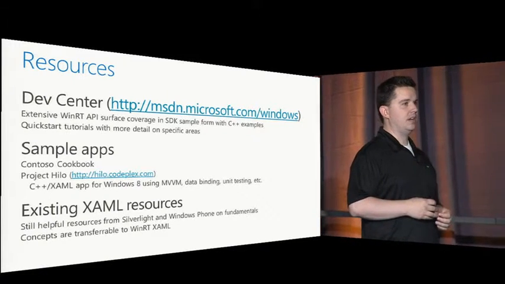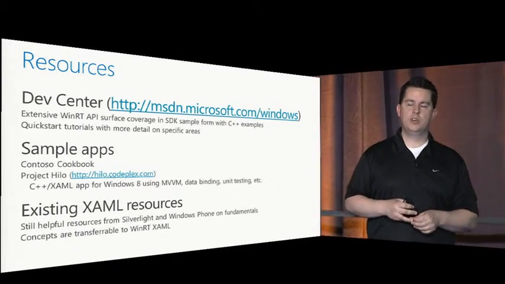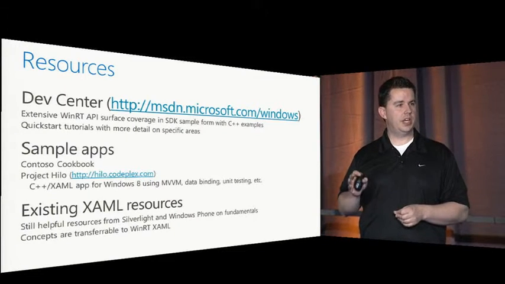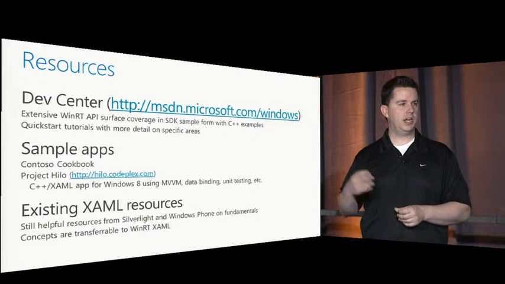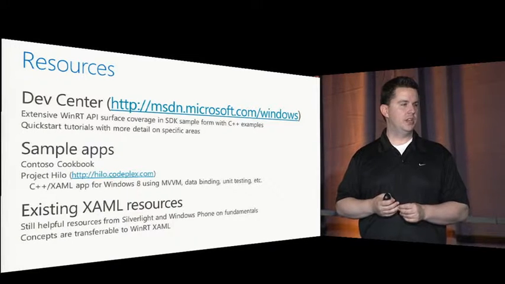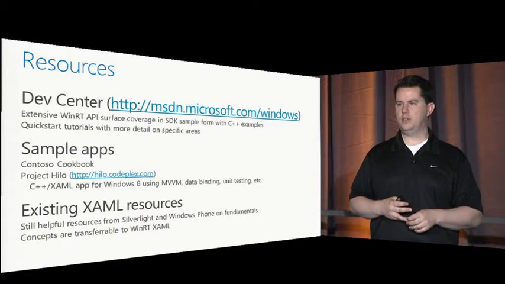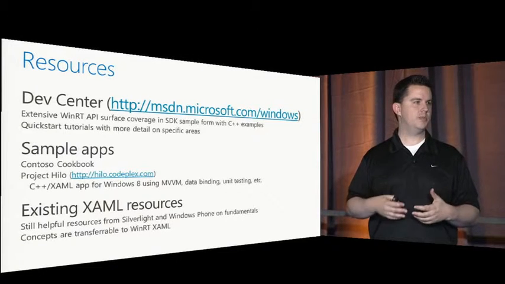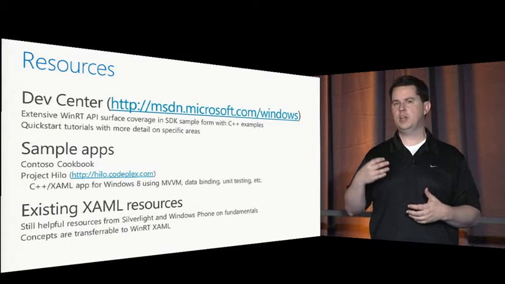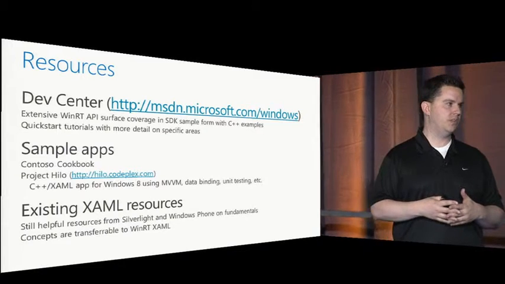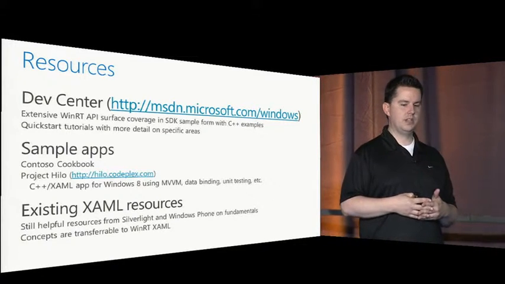There are two sample apps that are really good reference apps for C++ and XAML. The Contoso Cookbook that I quickly showed is a very simple concept, but has great Windows 8 code and concepts with the grid view and semantic zoom and app bar and all those things built in. So that's a really good one to reference.